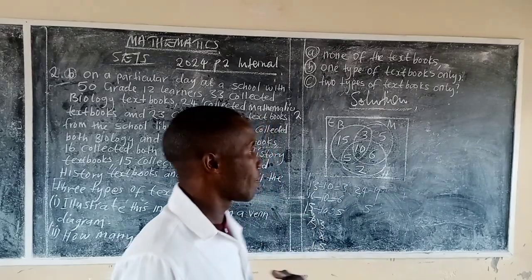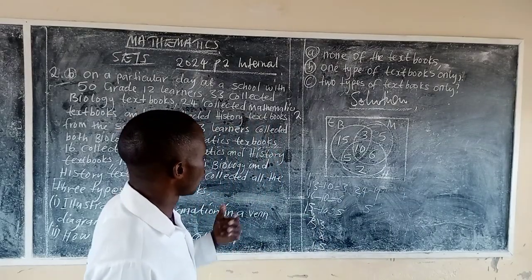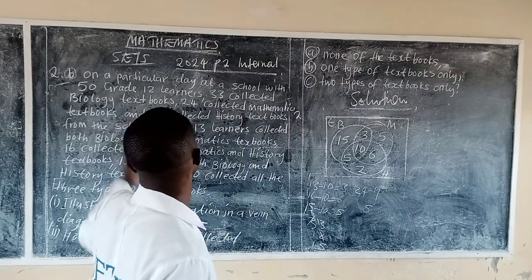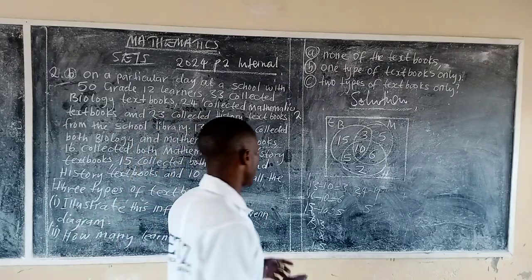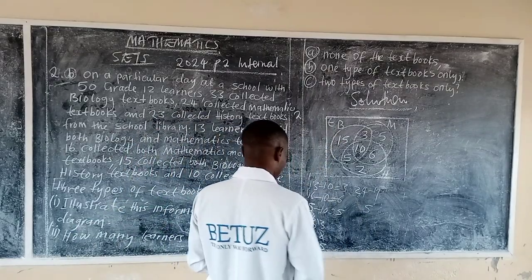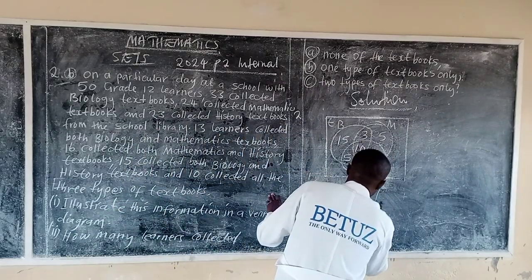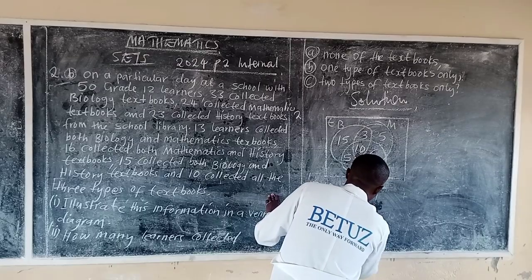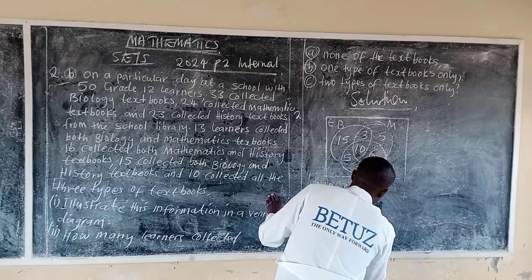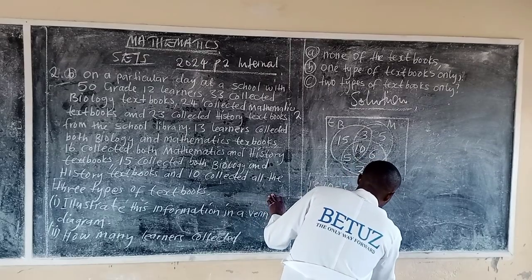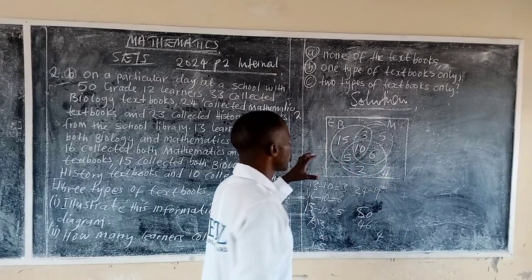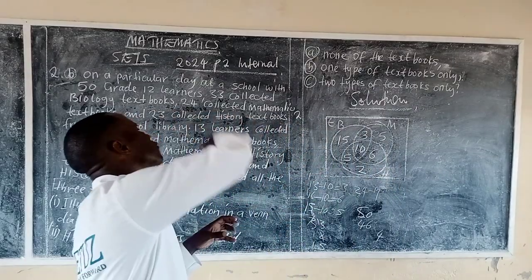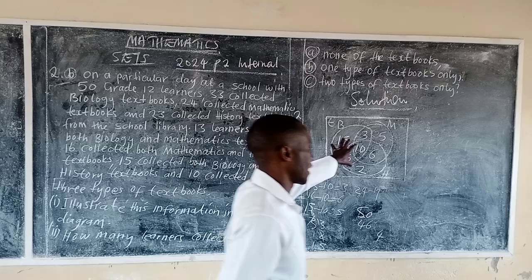So for us to find that one, we need to subtract. Let's subtract 46 from 50. The answer will be what? 4. So that is 4. It means that 4 will be outside these 3 sets.